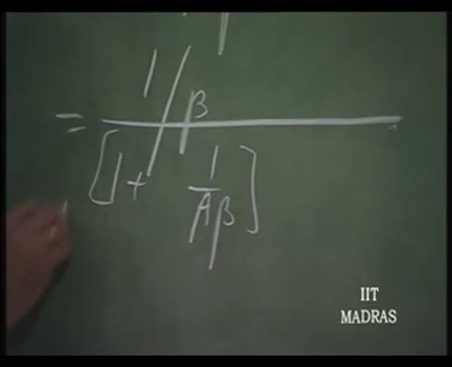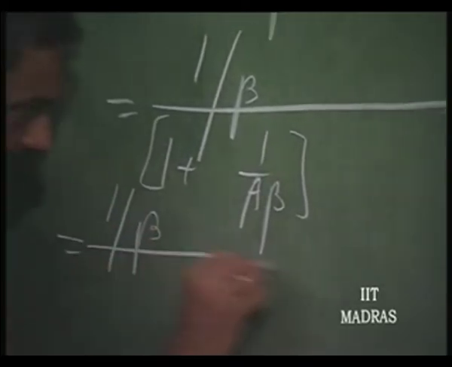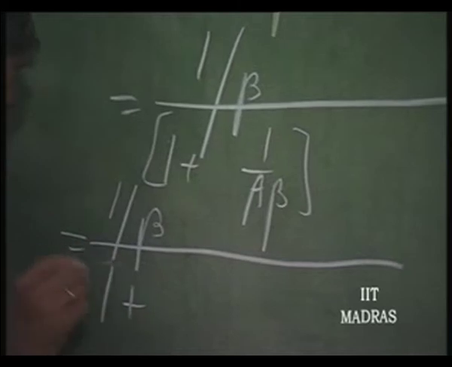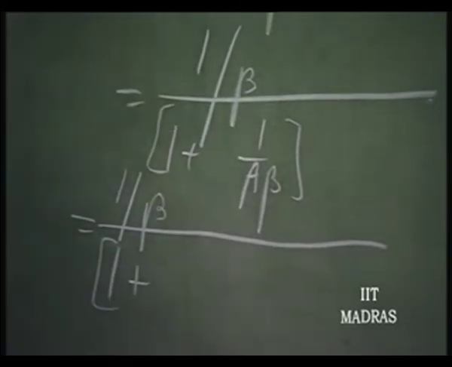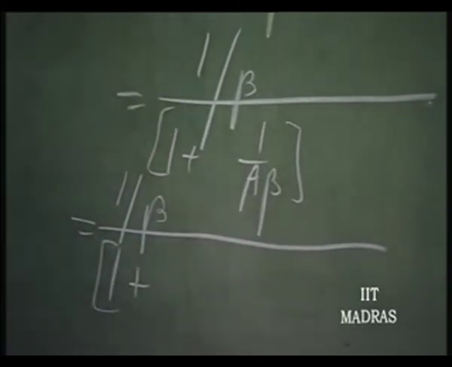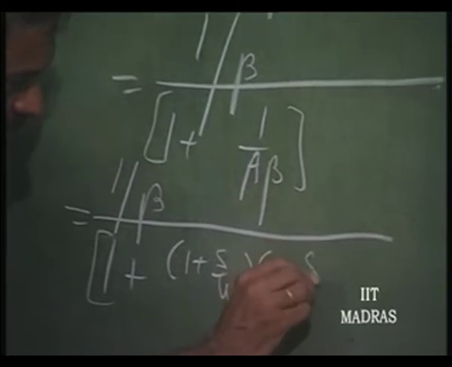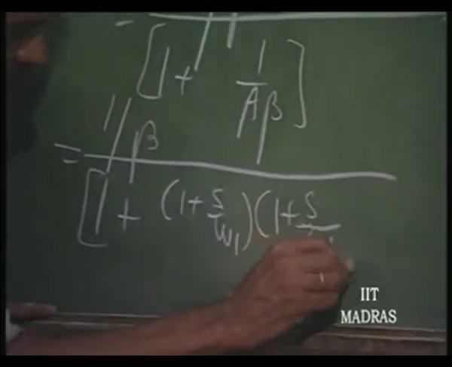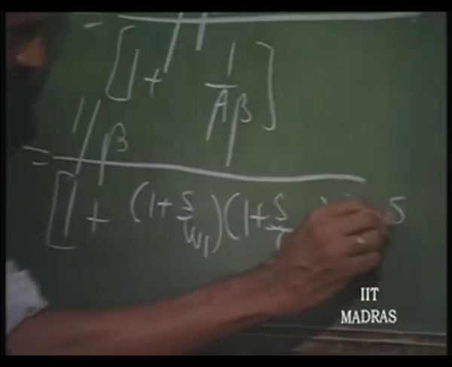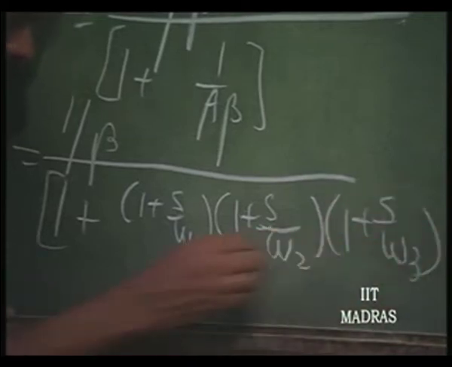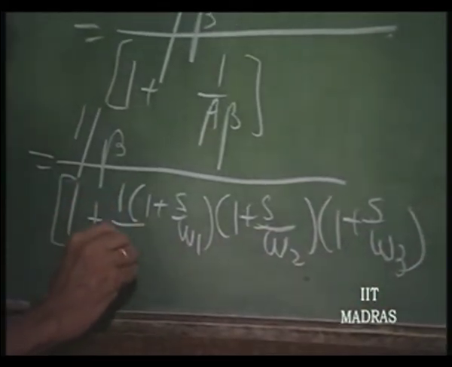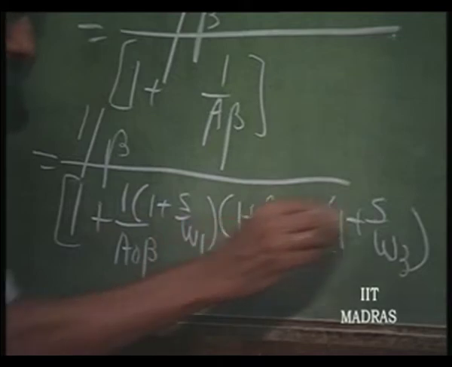So, this is 1 over beta divided by 1 plus 1 over A naught beta, that will be neglected, and then you have 1 plus S by omega 1, 1 plus S by omega 2, 1 plus S by omega 3 by A naught beta.